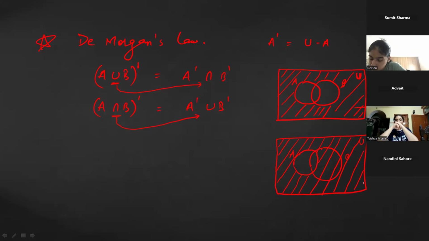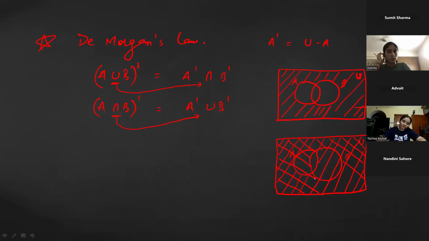Then in this same figure, we are going to shade the B complement region also. So B complement means all the region of U except this set B. So I hope this is clear to you.